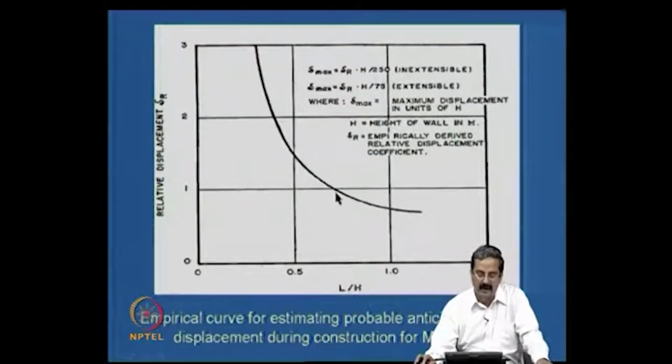Normally the code says it should be about 0.7 H. When you take it to 0.7 H, this relative factor is about 1, and that 1 into H, say the 10 meters divided by 250, gives so many mm, which are the units of the displacement allowed.